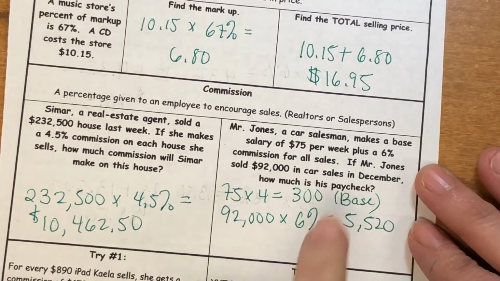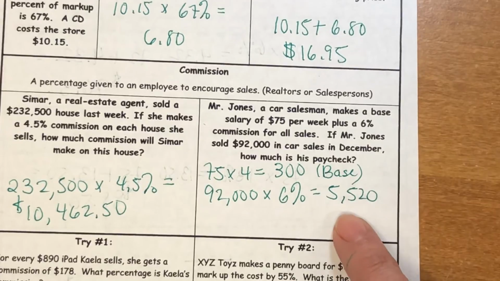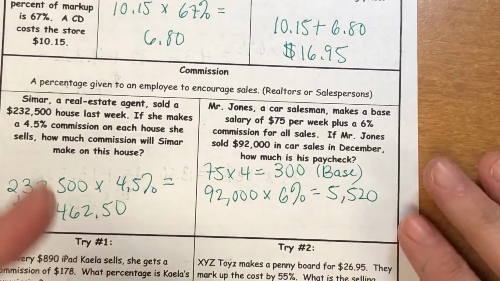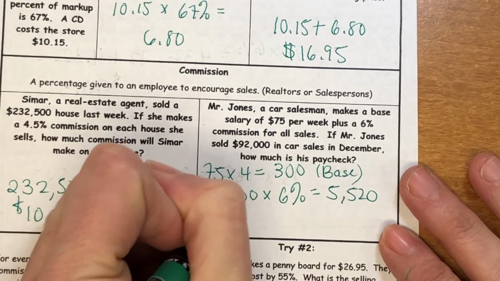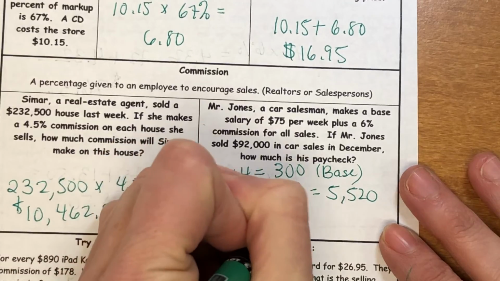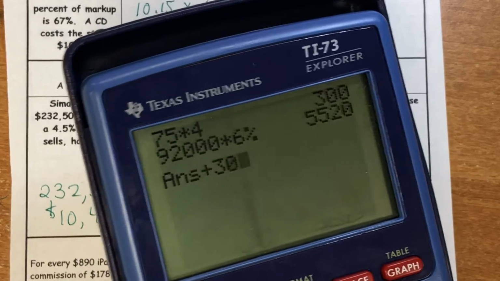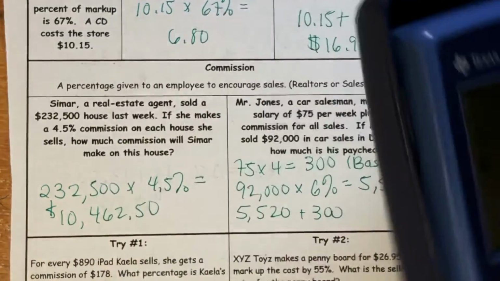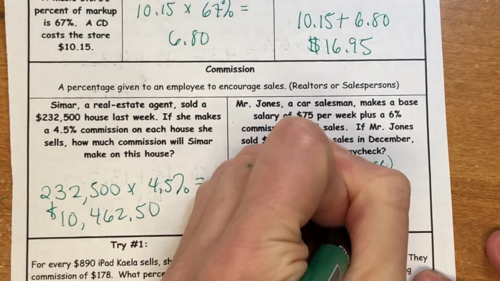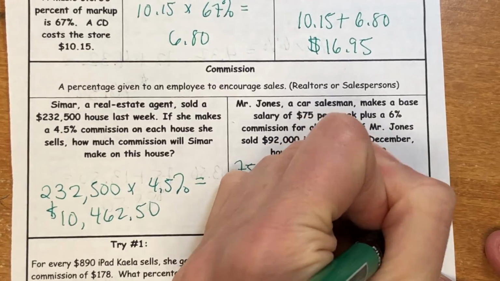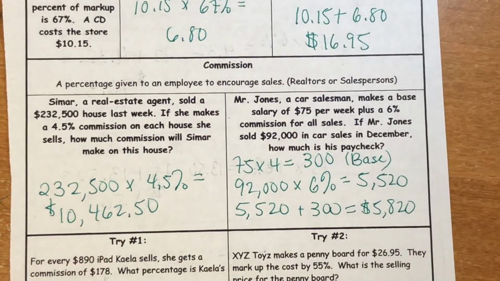Okay, this is how much his paycheck is. So I'm going to take his commission plus his base. 5,520 plus 300, and he should make 5,820. Okay, so that's commission.